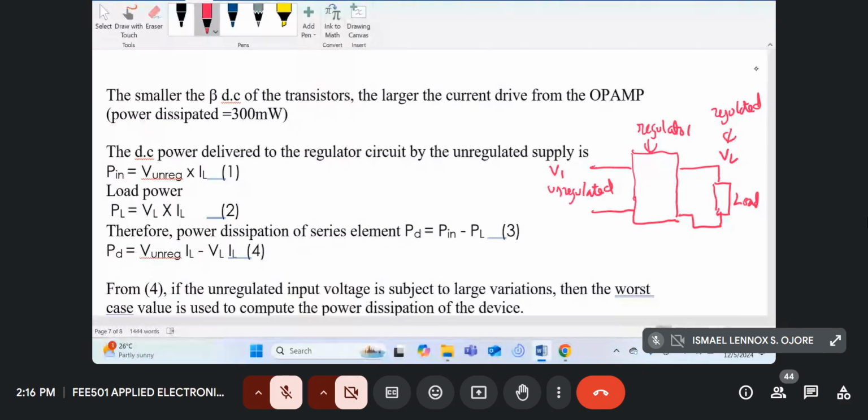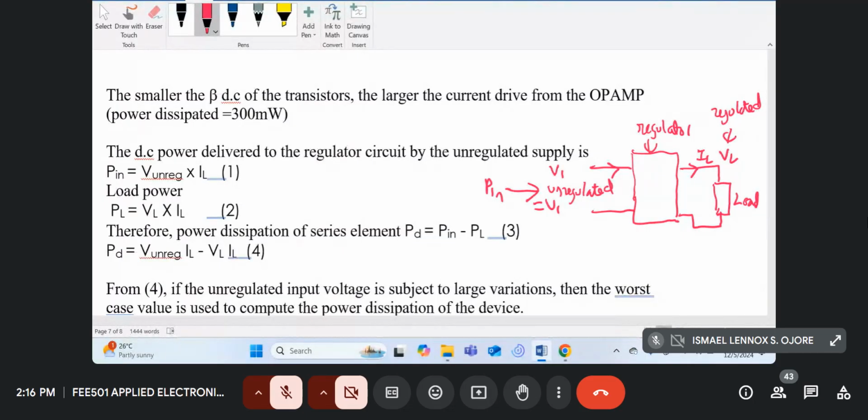So Pin is the power going inside, and this will just be V1 times the current coming here, which will be the same current going out, IL. Apart from maybe the current going to the op-amp, which is actually negligible, so we can neglect it.